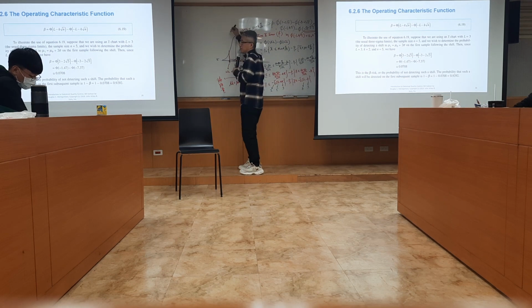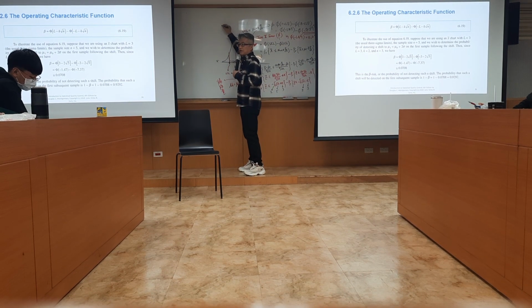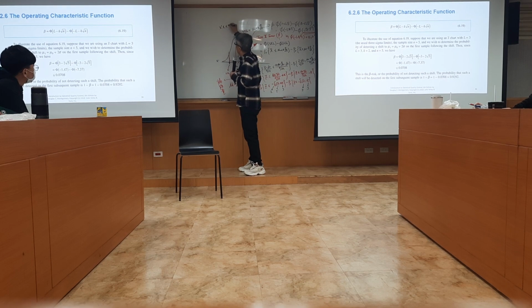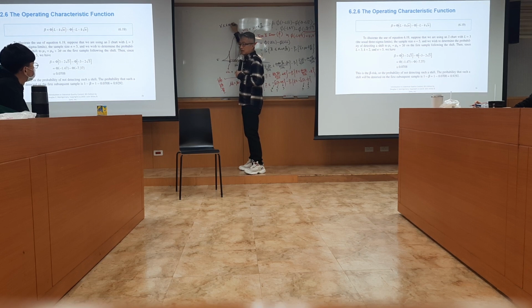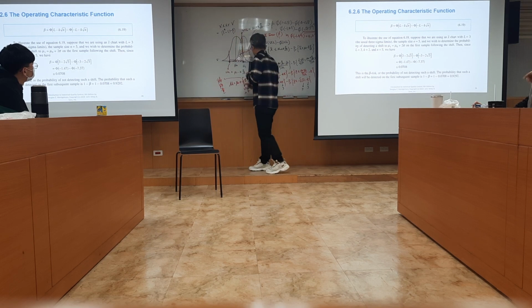That is equal to the first 1, 2, 3, 4, fourth sample, we commit the type 2 error. We do not detect it. The fifth one, we detect it. So that is equal to beta to the fourth times 1 minus beta. What is the beta?